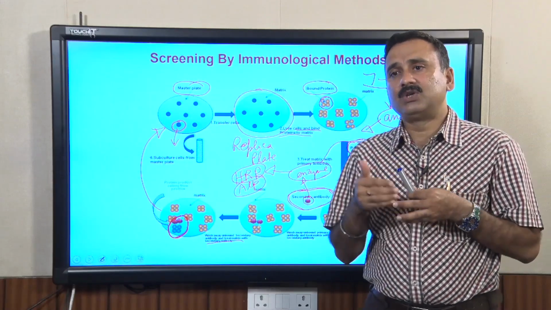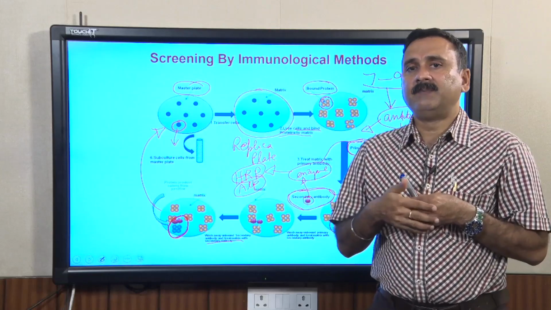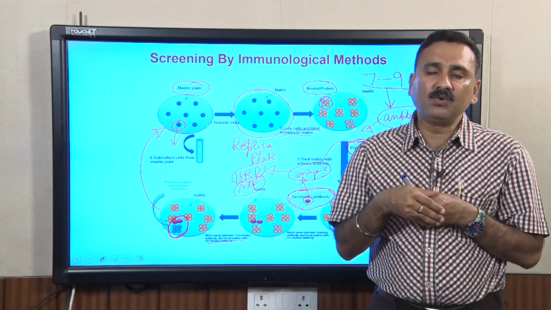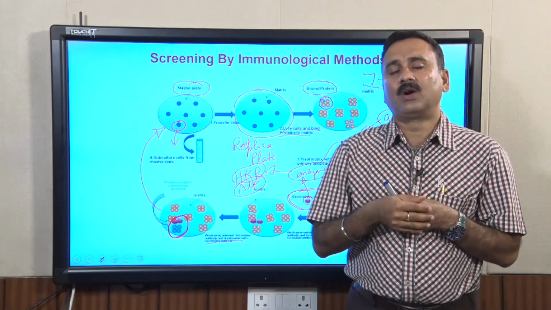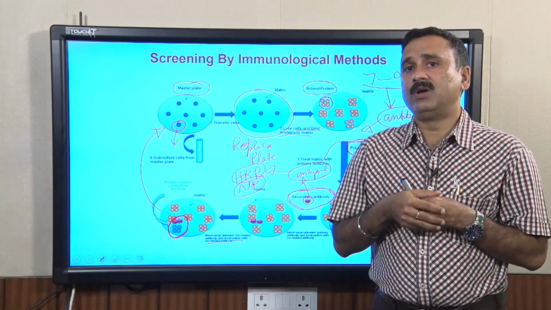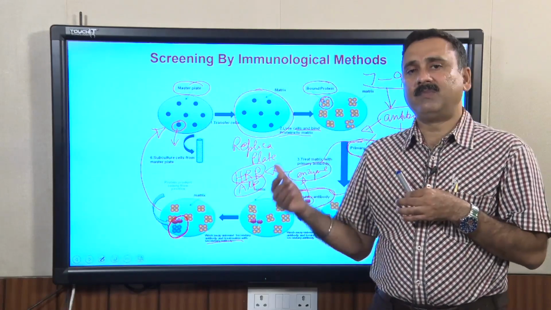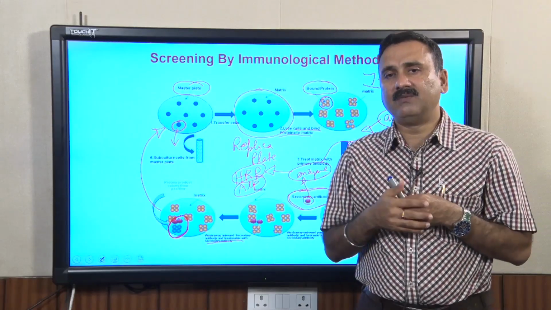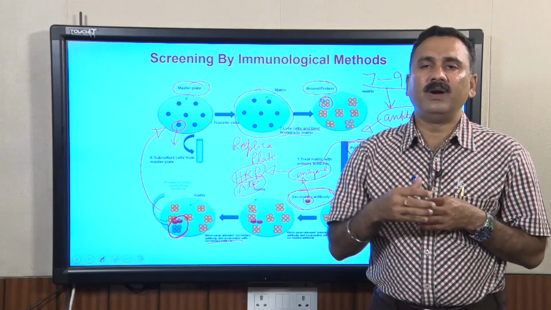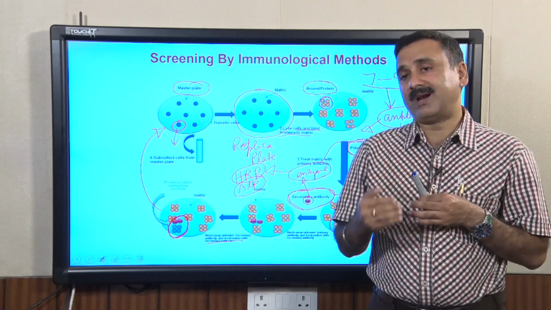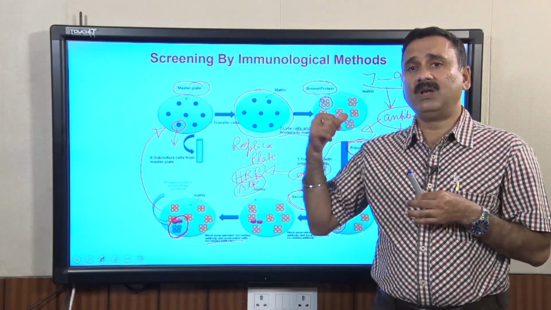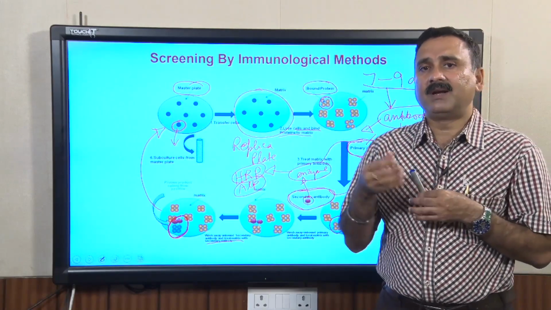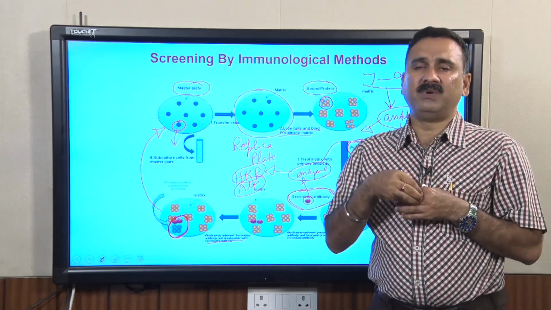So it goes and binds, but that small amount of antibody binding to your antigen inside the colony is not going to give you any signal if you develop it with an enzyme bound to the primary antibody. Because of that, you use the secondary antibody. The secondary antibody is specific only for the antibodies you have used, so it will go and bind to the primary antibody.